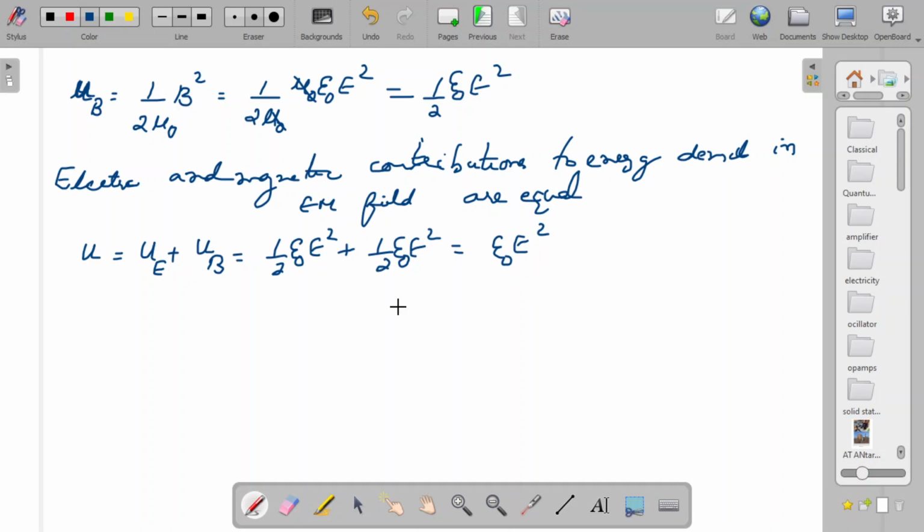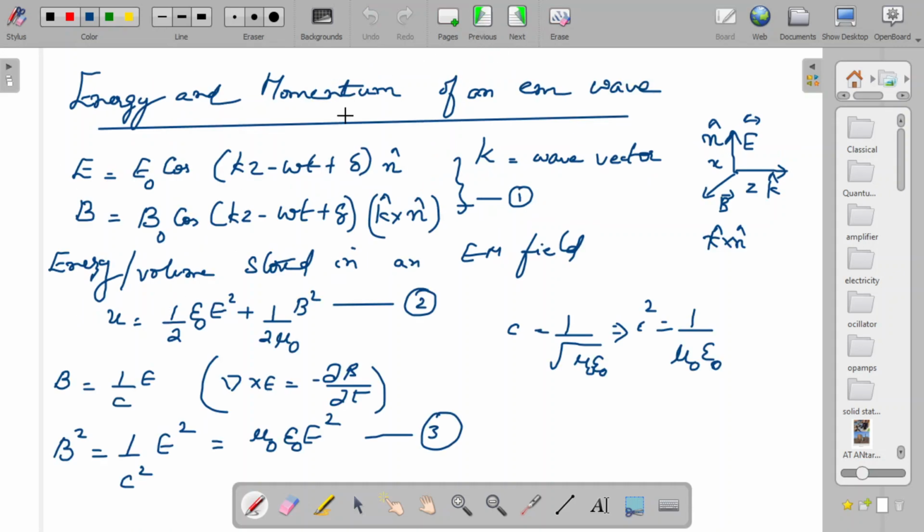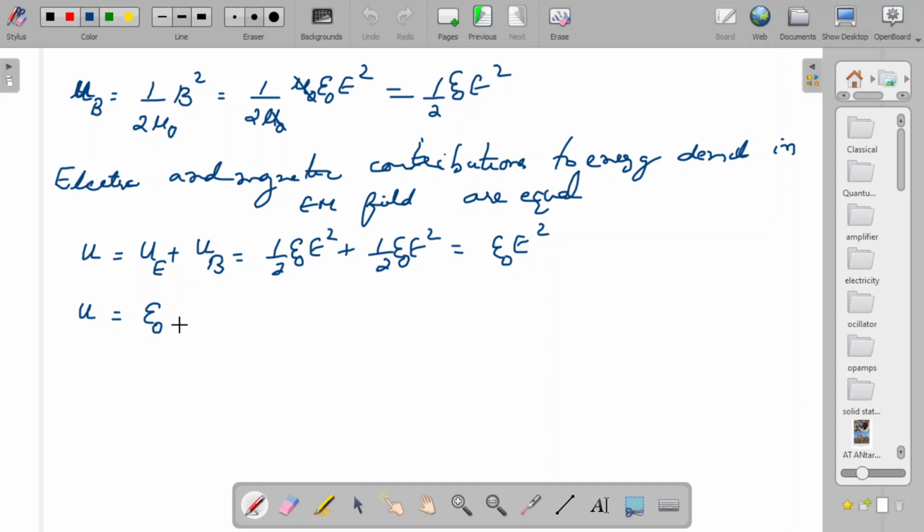Okay, and now let me substitute for this E square, which I have written already in this form, right? So I am substituting this E there. So I can write E square as E0 square into cos square (kz minus omega t plus delta).